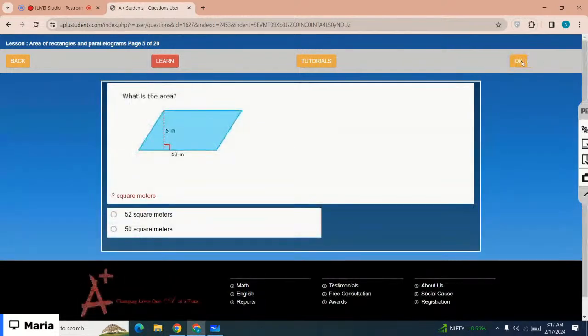What is the area, which is the correct option? Area of the square is side times side, right?